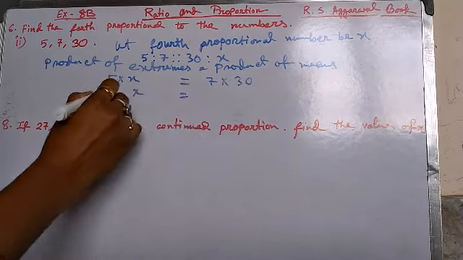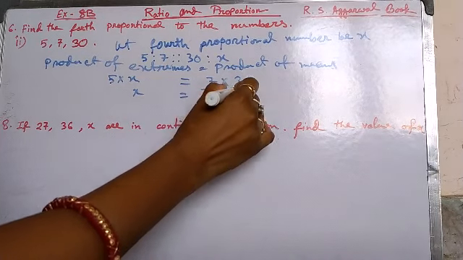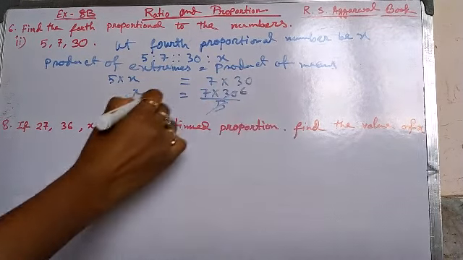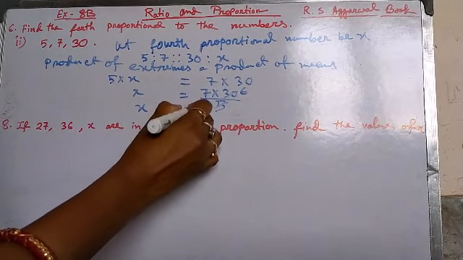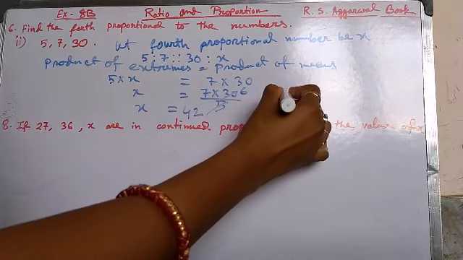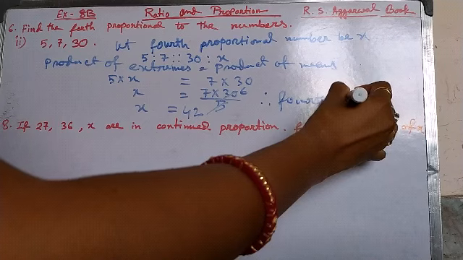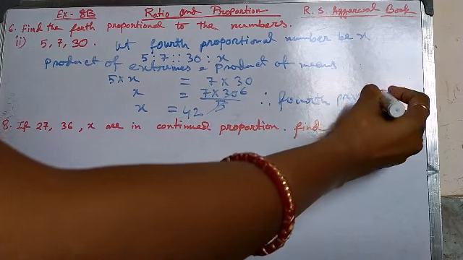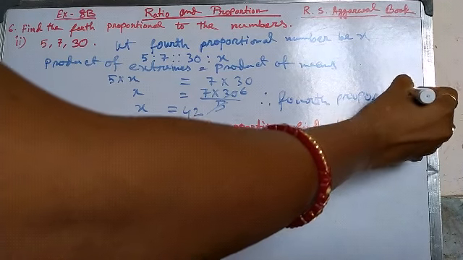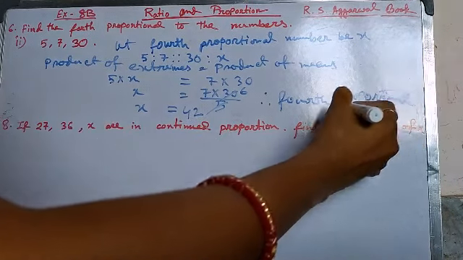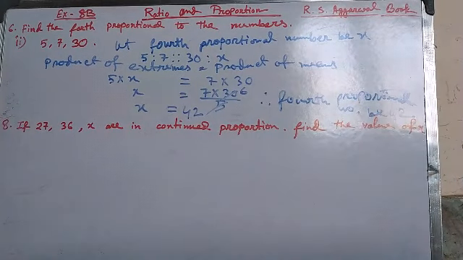So x equal to 7 into 30 divided by 5. 5 6s are 30. So x equal to 42. Therefore, the fourth proportional number is 42.